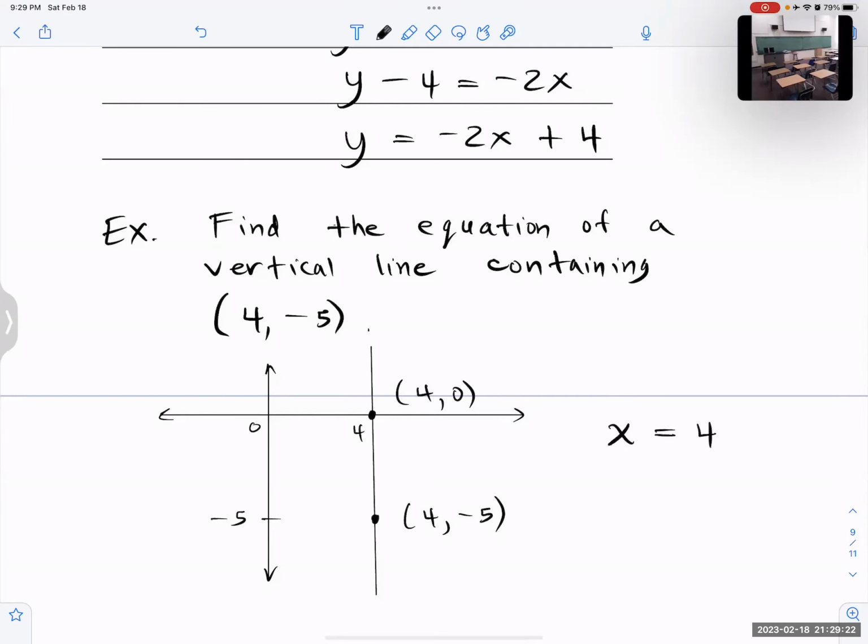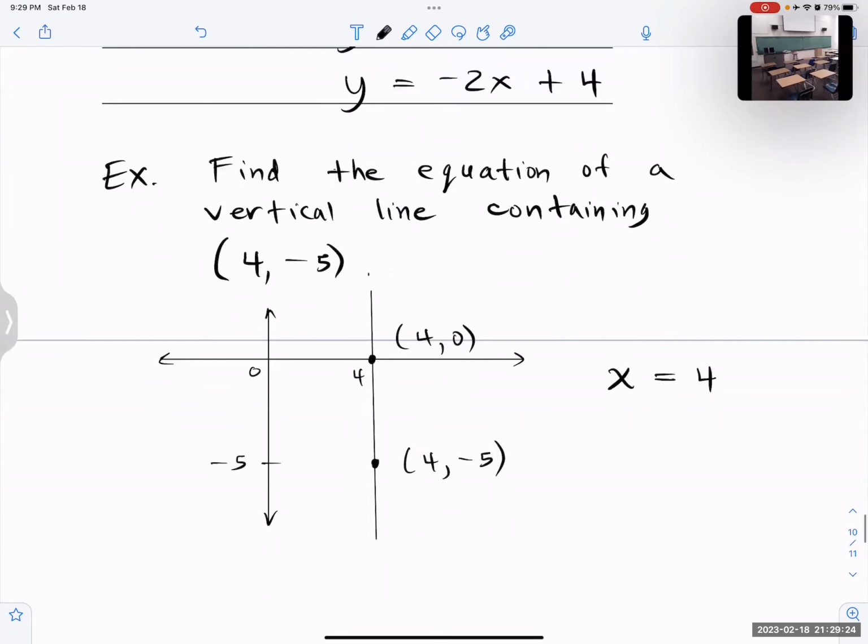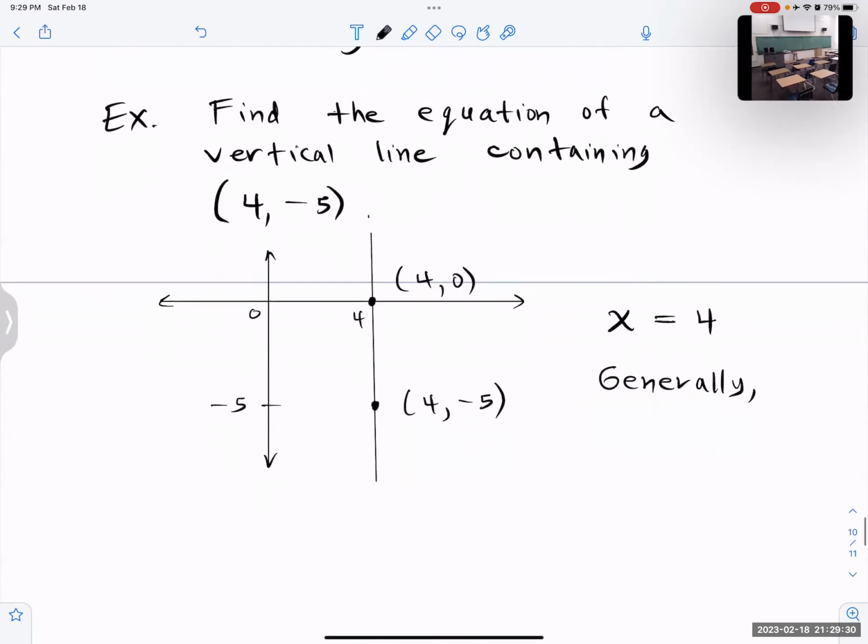And in general, all vertical lines are of the form x equals a constant. So the graph of x equals a constant is always a vertical line.